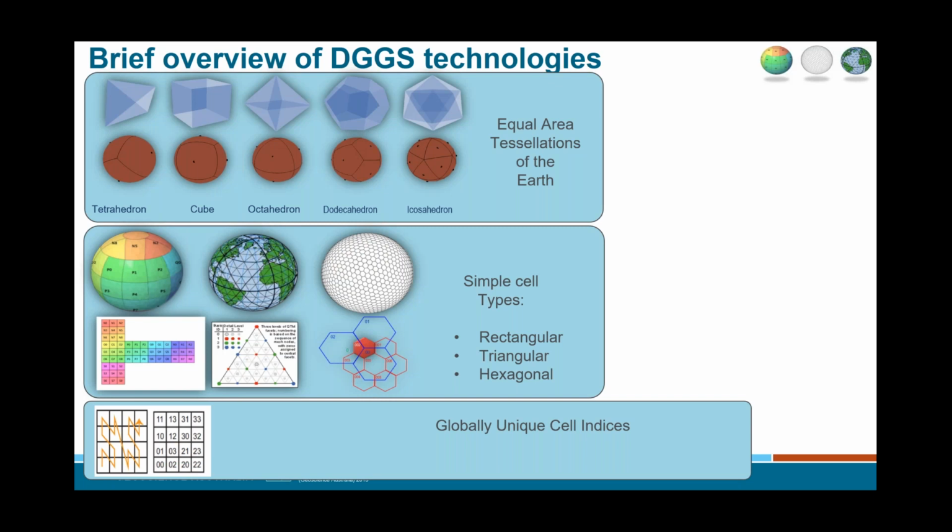Each cell is referenced, and it has a globally unique identifier, regardless of what resolution you're at, and regardless of wherever you are in the world. And I should point out, you can see there the little squiggly line.